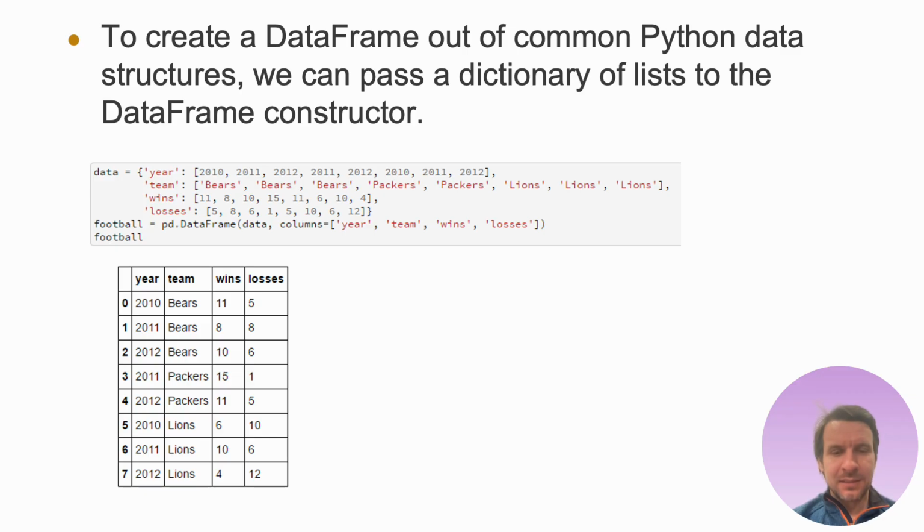So it says I should have here team, wins, and losses, and these will be now the columns, the column names in the data frame, and the values in each row are given by the lists that are in the dictionary. So the dictionary will give me values for the whole column, right? And now they are put together.